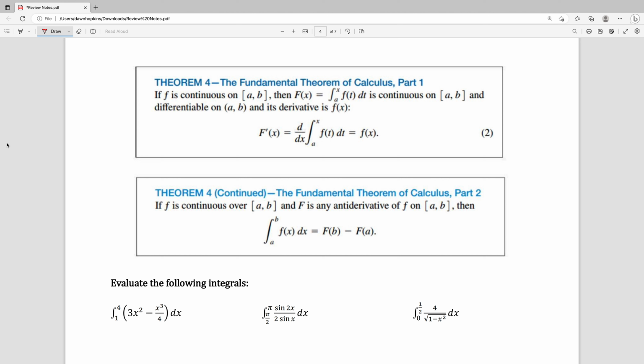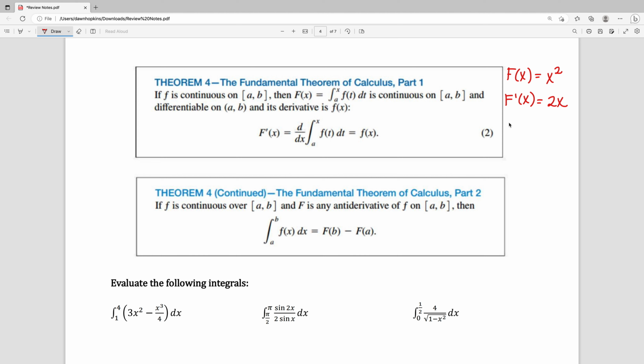In other words, you can find the answer to an integral by working backwards from what we learned with differentiation. So for instance, if you had this function capital F of x equal to x squared, and you were asked to find the derivative of it, you would get just 2x.